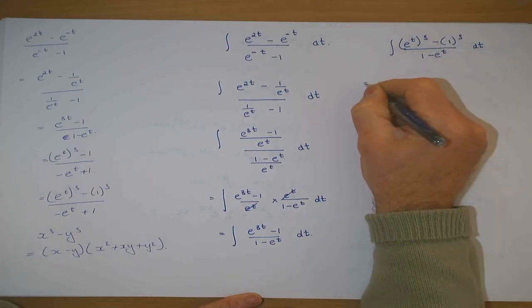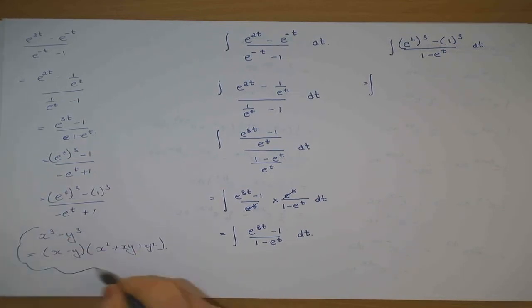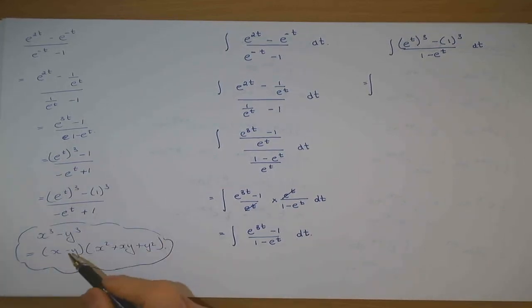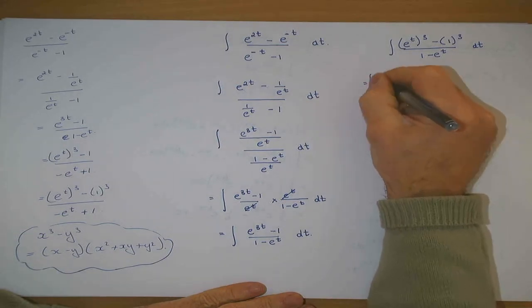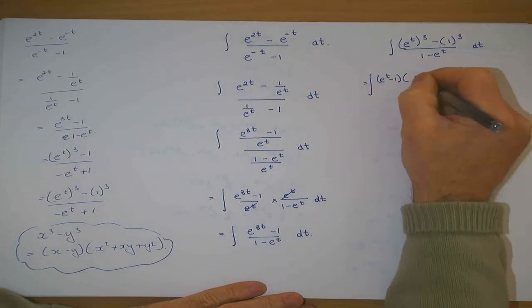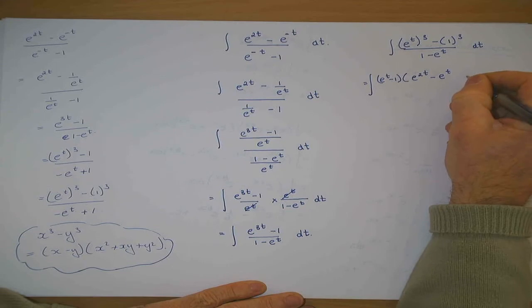In other words, on the top line I have the difference of what? Two cubes. And what's the difference of two cubes? I have it actually written here. X cubed minus y cubed is x minus y times x squared plus xy plus y squared. So x minus y, e to the t minus 1, times x squared, e to the 2t, plus xy, e to the t, plus y squared, plus 1.